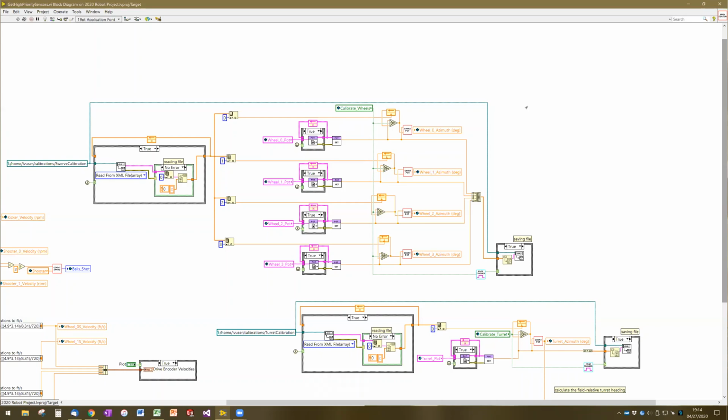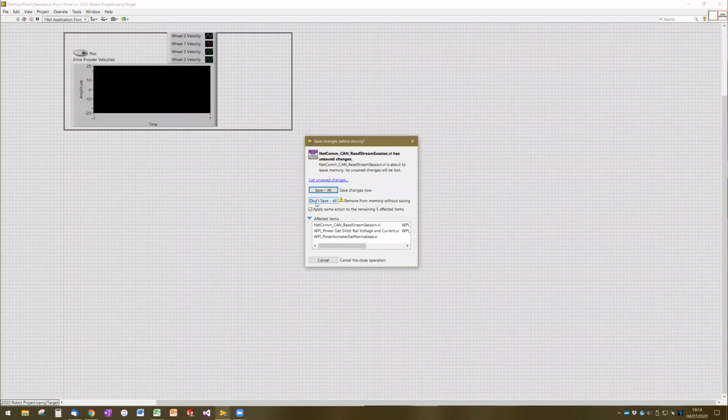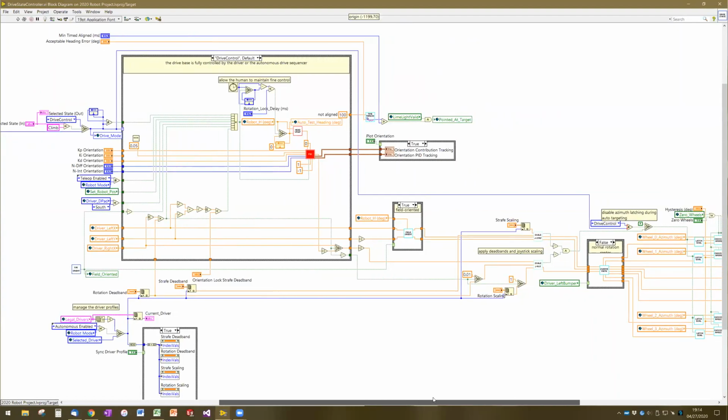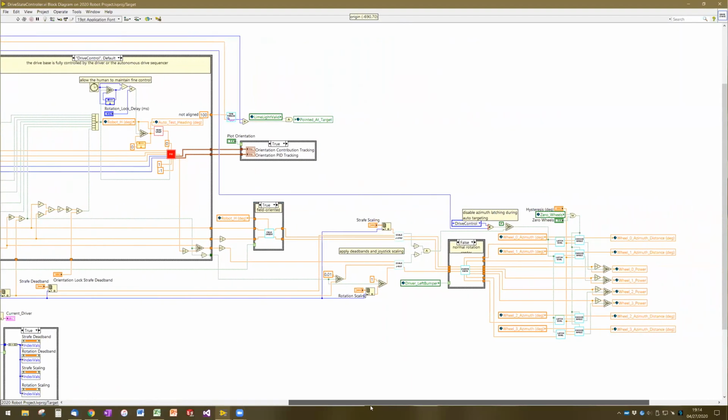And the nice thing about field-oriented control is that even though it sounds complicated, let me show you the code for field-oriented control. So in our drive state controller, we've got two options. We've got robot-oriented, which does nothing to the data lines. The data lines that are coming in are the X and Y joystick values for the translation joystick.